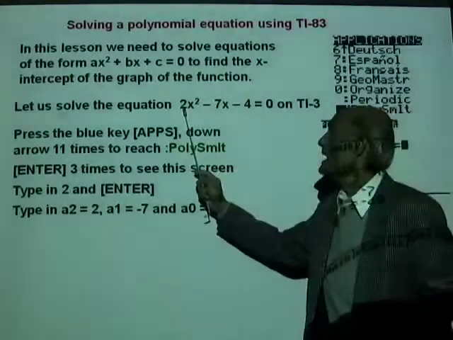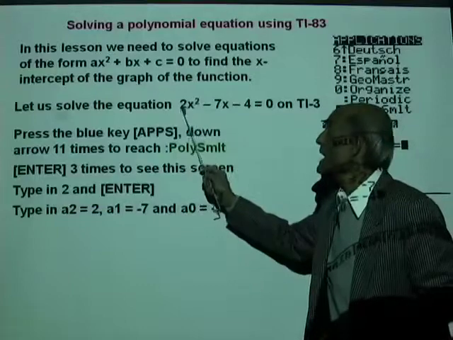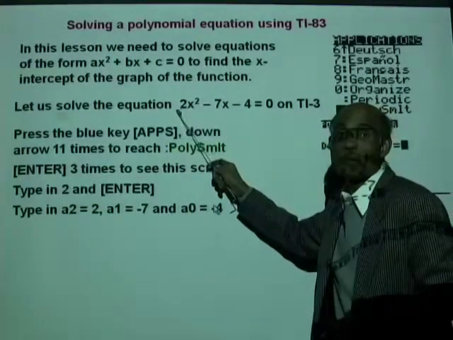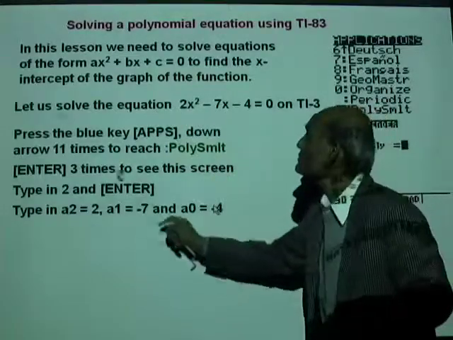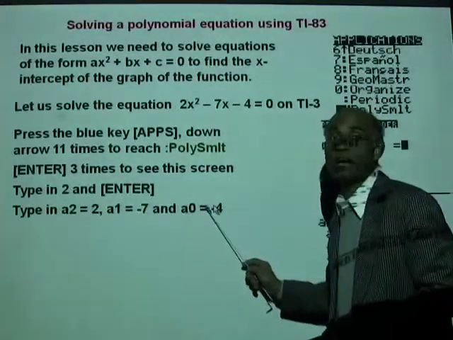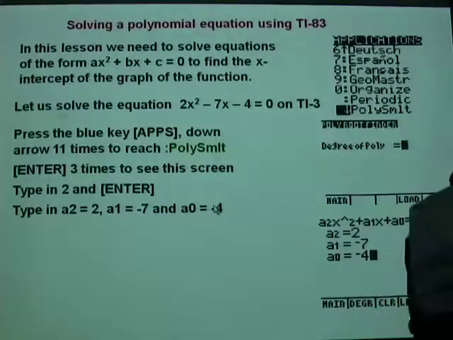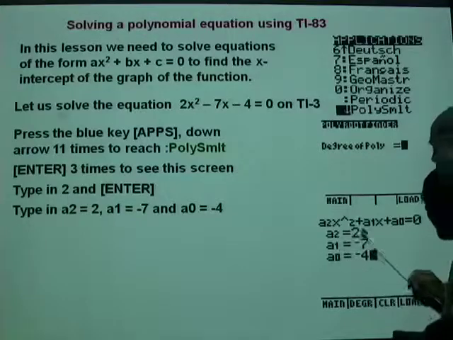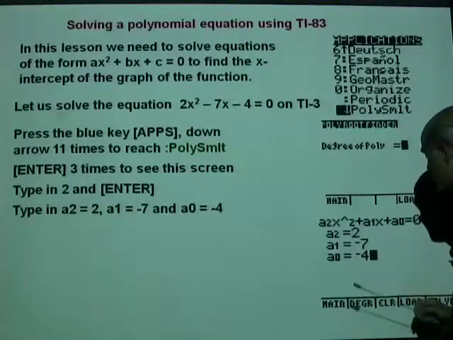Now look at that: A2, A1, A0 come from left to right. So A2 equal to 2, A1 equal to -7, and A0 equal to -4. And look at that screen.